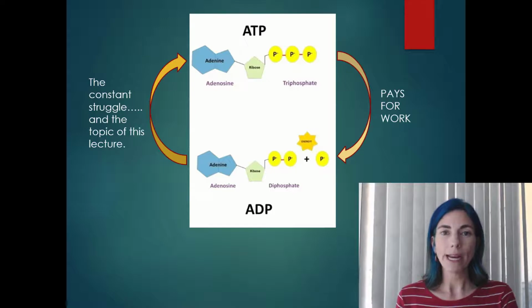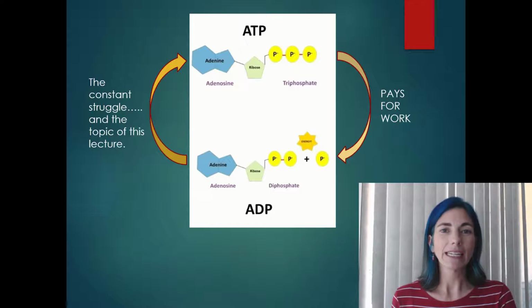What chemical reactions occur that allow us to add that 3rd phosphate group back onto ADP to make ATP? So again, that's going to be our question. What can we do to reattach that 3rd phosphate group to ADP so that we can regenerate ATP and therefore go spend it on something else?